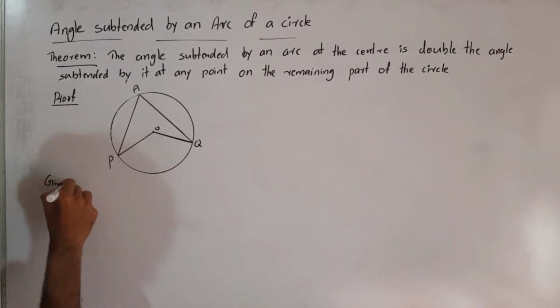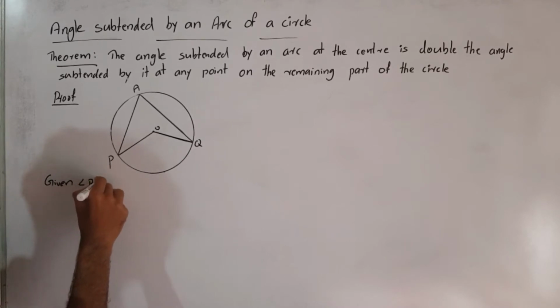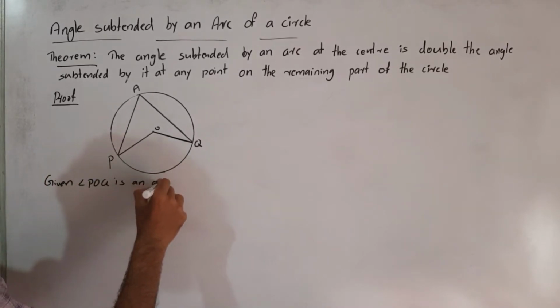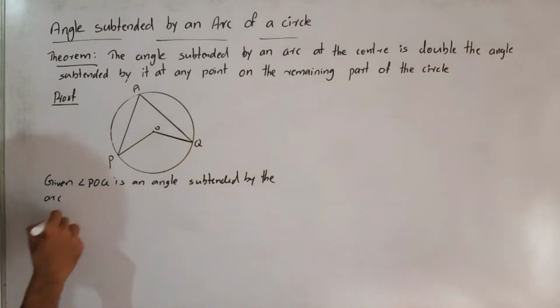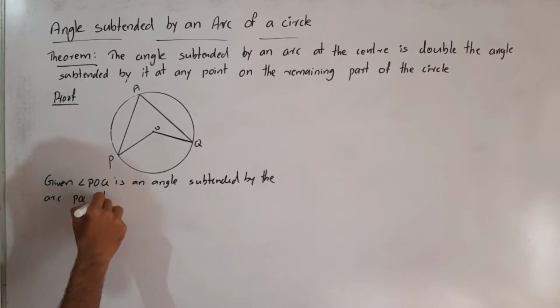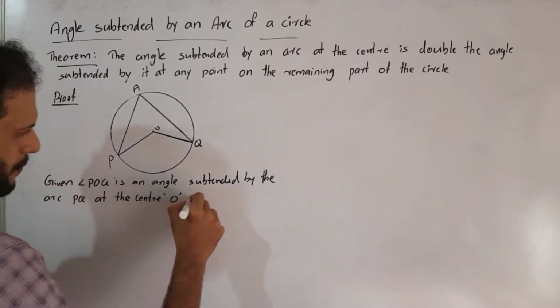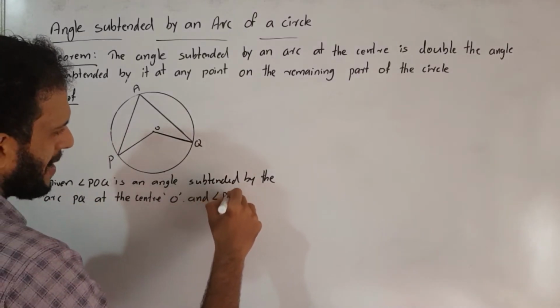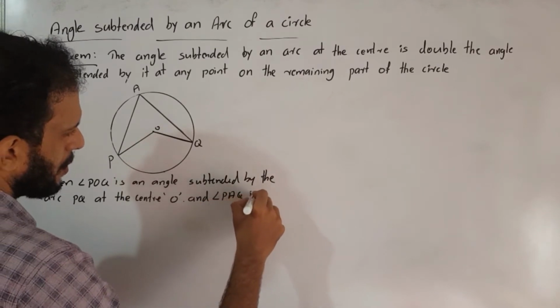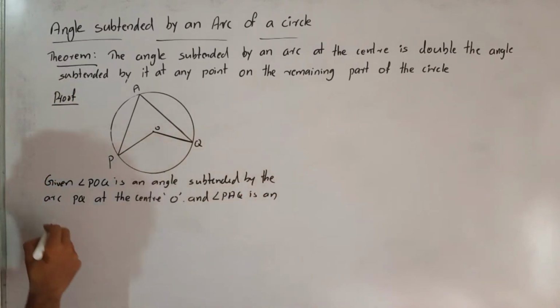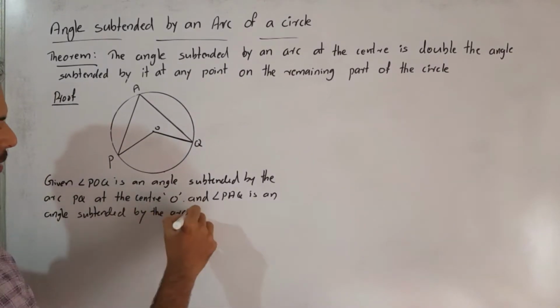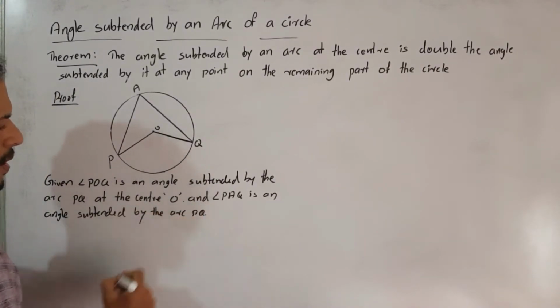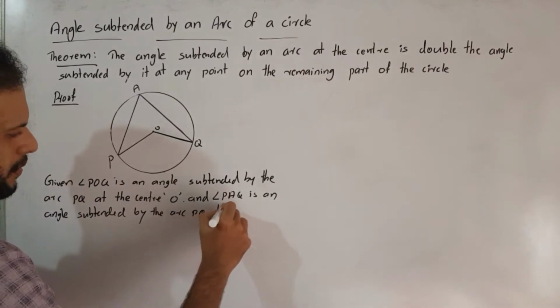Given angle POQ is an angle subtended by the arc PQ at the center O, and angle PAQ is an angle subtended by the arc PQ at the remaining part of the circle.